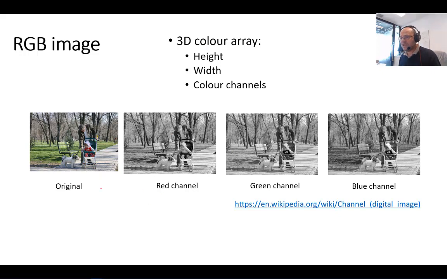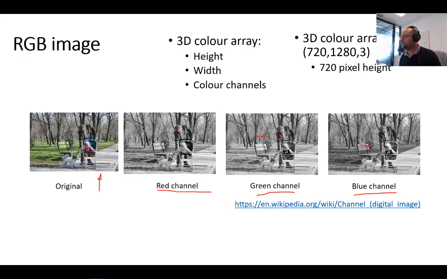One thing that we're going to do in the lab is get the original image, and then only read the red channel. You're going to have a matrix showing the intensity levels of red, and if you get the green channel, it's just a matrix of intensity levels of green. If you get the blue channel, it's just a matrix of intensity levels of blue.